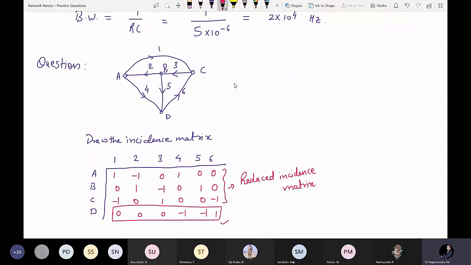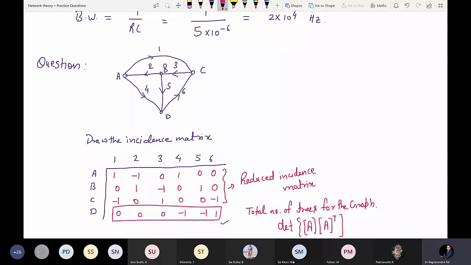So the formula for calculating the total number of possible trees for the graph is the determinant of A A transpose.